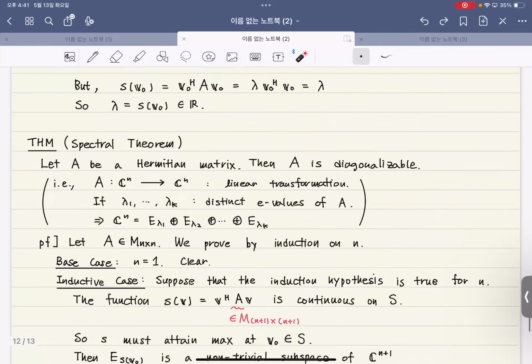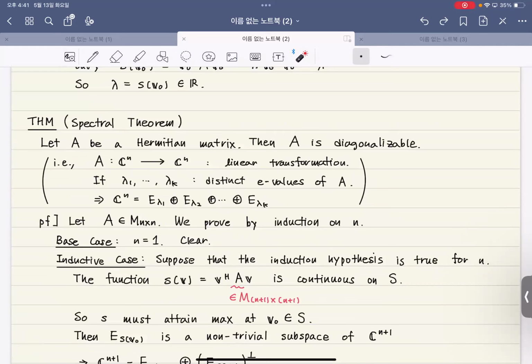Finally, the spectral theorem. As the name suggests, this theorem is one of the nicest theorems, maybe one of the greatest theorems that you can ever expect in a linear algebra course. This is the spectral theorem, a fantastic theorem, right? Why?